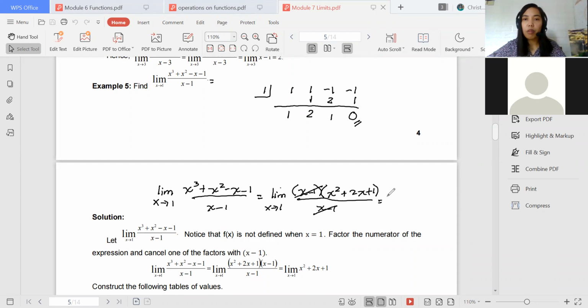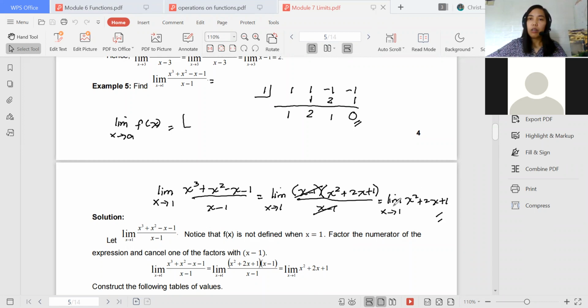So we will have the limit of x squared plus 2x plus 1 as x approaches 1. Laging sinusulat to class, the limit of x squared plus 2x plus 1 as x approaches 1. Sabi kasi sa definition, the limit of f of x as x approaches a is a limit. So we can now do direct substitution.